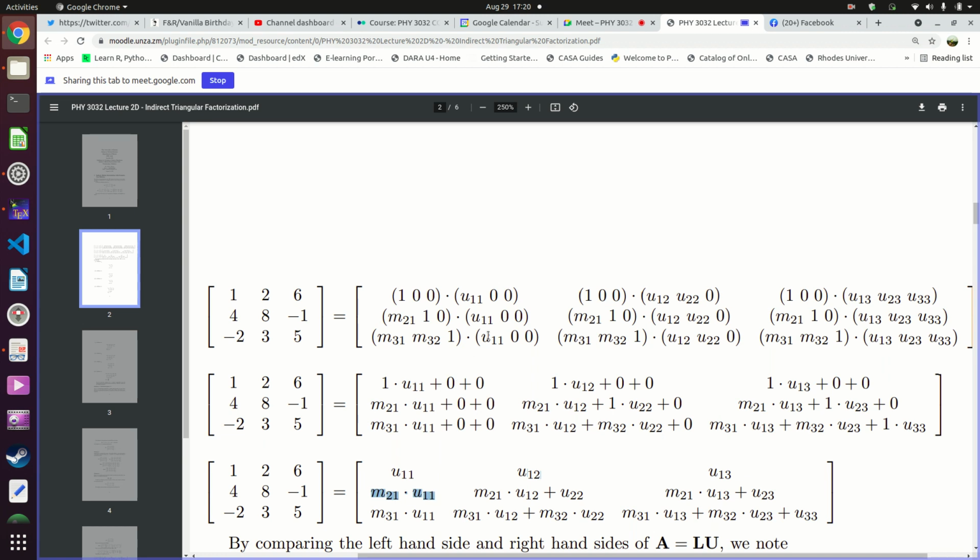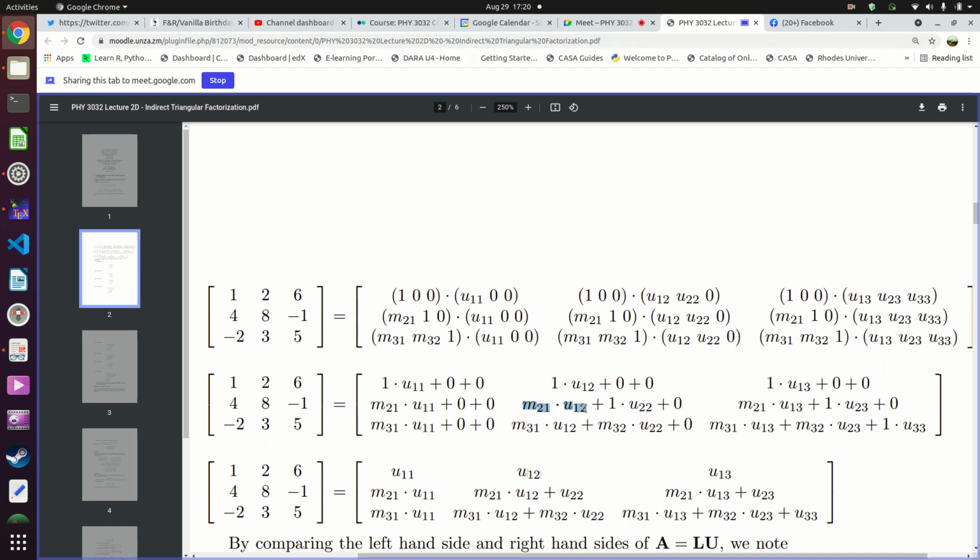Then this bit here, the second row multiplied by the second column: the second row of the lower triangular matrix L multiplied by the second column of the upper triangular matrix U. So that's going to give you M21 multiplied by U12. That's what you have here.